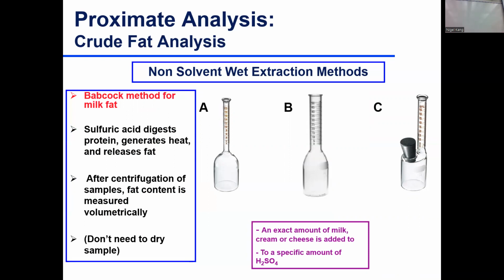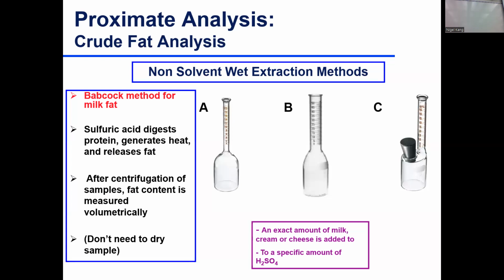This method is a volumetric method. So you have your sample inside, 5 ml, 10 ml volumetric, and then you add sulfuric acid. Sulfuric acid, since it's acid, digests protein, and that digestion, that breakdown in the bonds, results in higher temperature. And because of that high temperature, it helps fat get released or extracted.